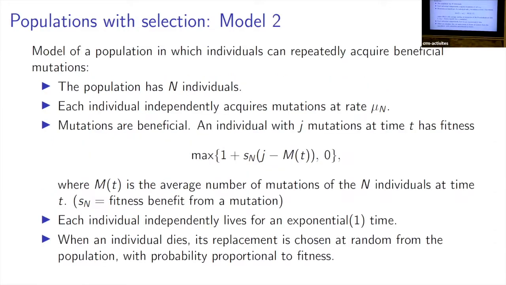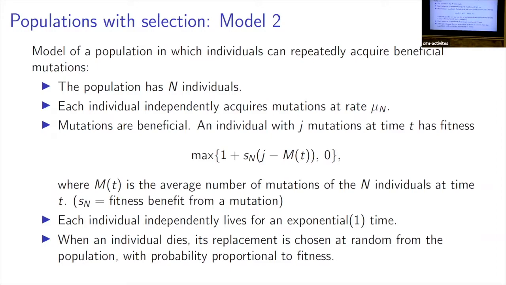Now, here's a different population model involving selection. This is basically a Moran model with selection. Once again, we assume that the population has N individuals at all times. But this is a continuous time model, and we assume that each individual independently acquires mutations at rate mu sub N. So mu sub N is the mutation rate per individual. And we assume that all of these mutations are beneficial.